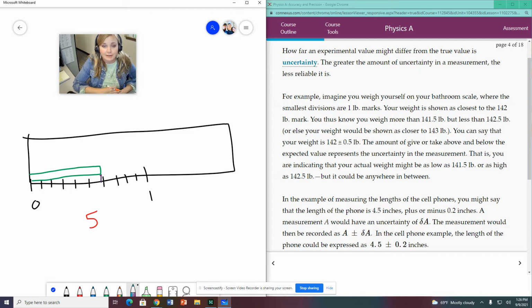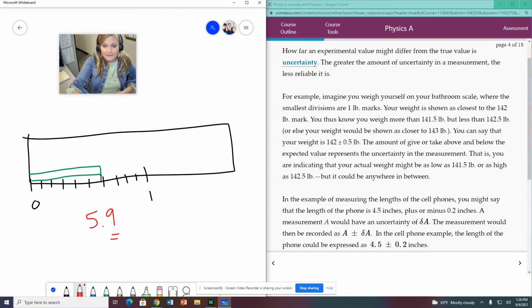It's an estimation. I'm going to estimate that at 0.9. This represents a degree of estimation. So the precision of this particular measurement is to the tenths place.